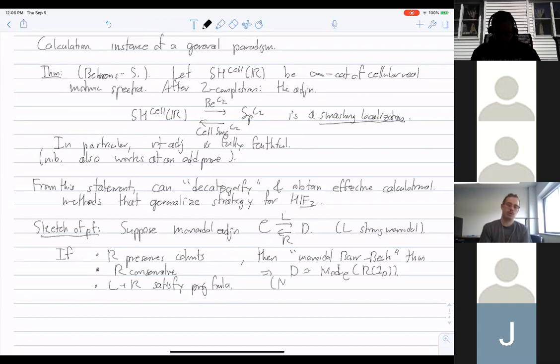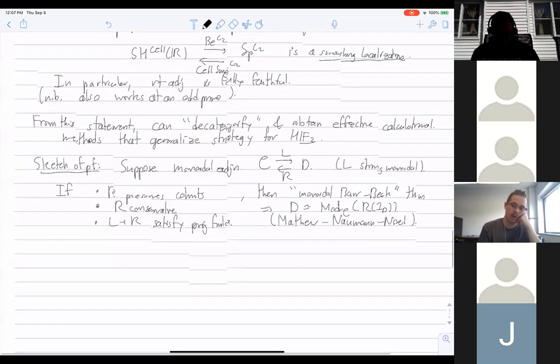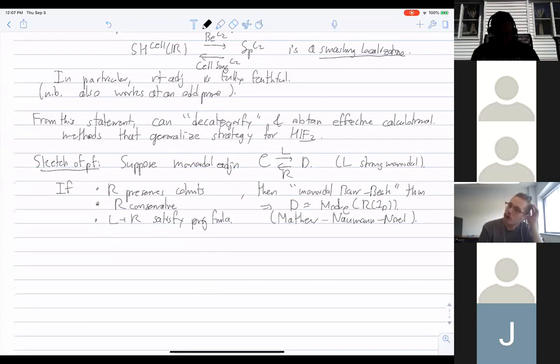I learned this statement of the monoidal Barr–Beck theorem from a paper of Mathew, Naumann and Noel, which is the first paper in their series.